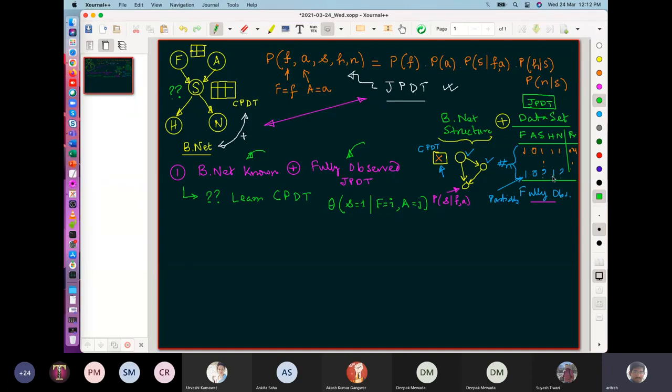So you do not know whether it is 0 or 1. But you have the data that, of those who have fever, not allergy and headache, this many are of them. That is partially observed. We don't have vacant entries, and we don't even have the full 2 to the power n entries. Whatever we have is not the full joint probability distribution table. That's why we are going for a learning problem.